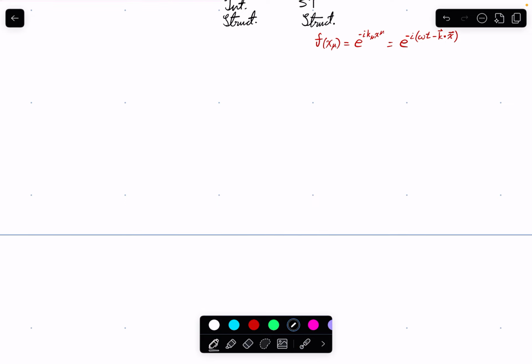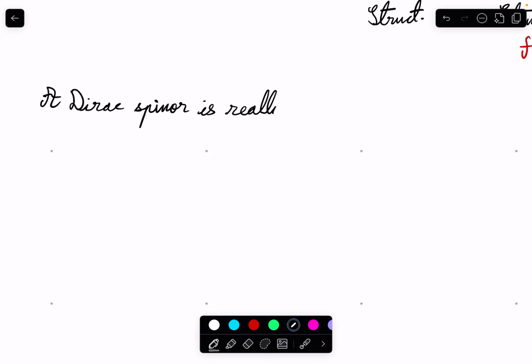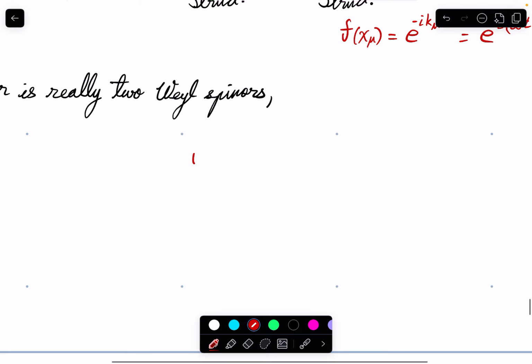So recall that a Dirac spinor is really two Weyl spinors, meaning that the Dirac spinor is going to just be a column where you have the Weyl spinors. You have a left-handed Weyl spinor and a right-handed Weyl spinor.